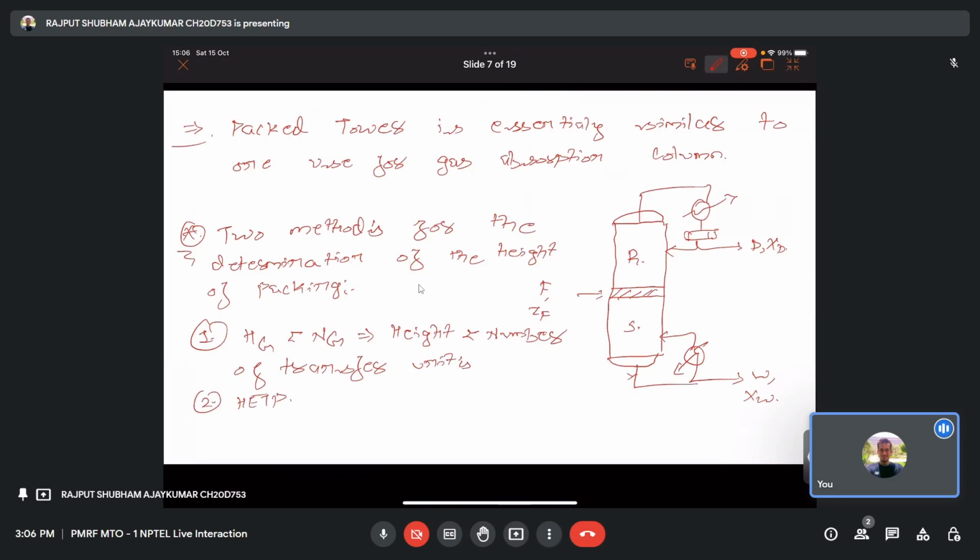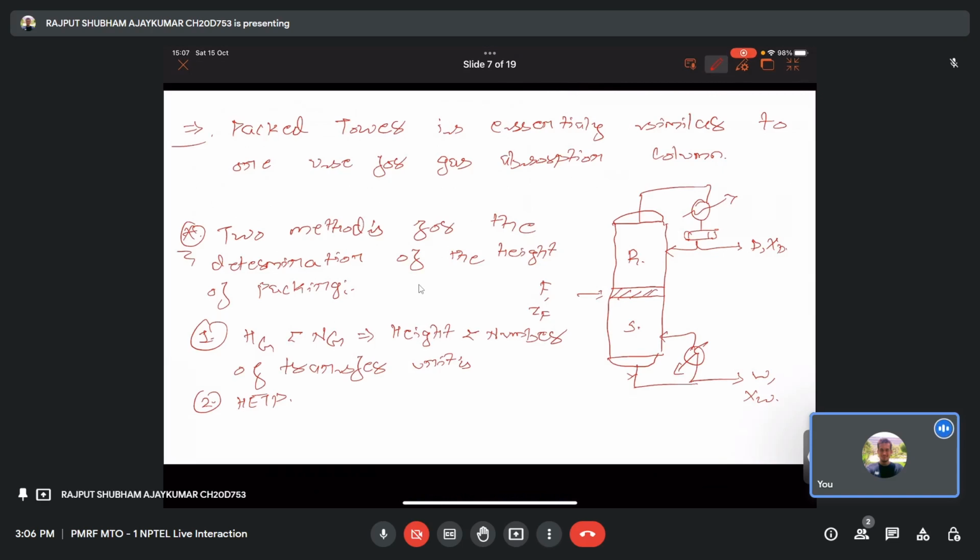To derive the design equation for the calculation of the packed height based on the HG, refer to the figure. We carry out the rectifying and stripping section material balance and component balance, and on the basis of that the final equations are given. It's already there in the notes, but I don't want to derive each and every equation as of now, because this is the last lecture and we want to solve some numericals also.